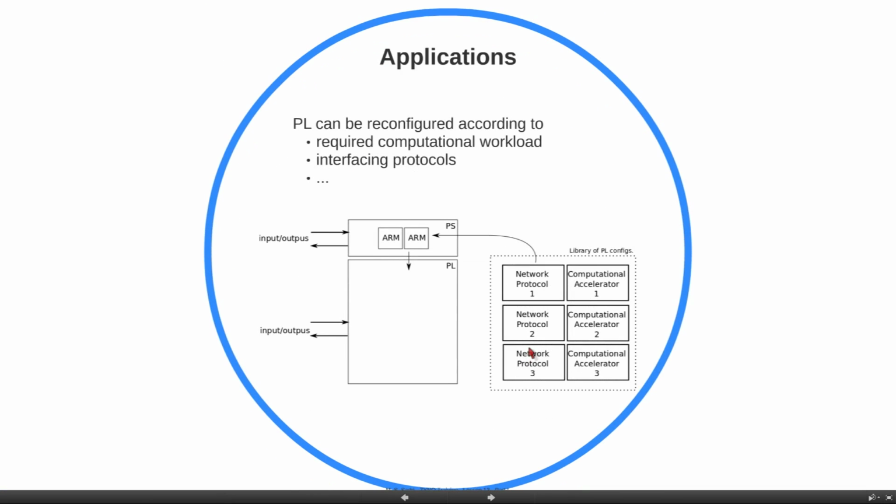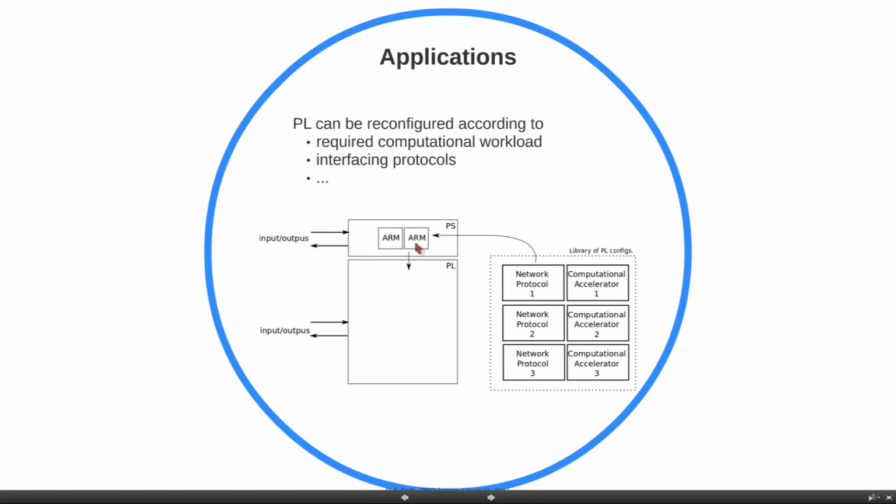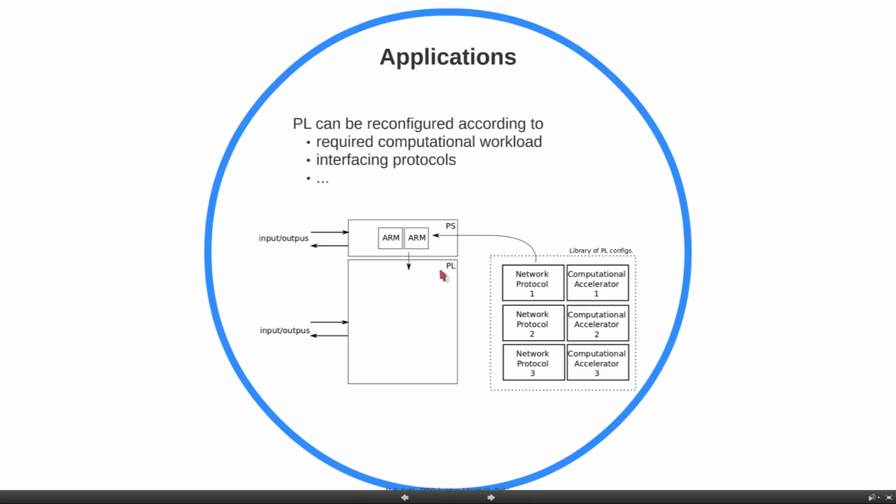So there are numerous applications for reconfiguring the PL of the ZYNQ. Imagine that you have a C program or an application which is running on your ARM host, and this application has some computationally intensive parts. For those computationally intensive parts, you can create hardware accelerators, and you can offload those computational tasks to your PL.